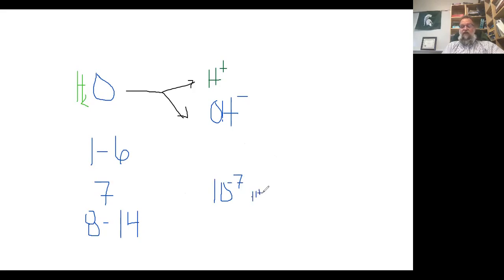The negative 7, the exponent there, is how we get the value pH 7. You have 1 times 10 to the negative 7, so 0.0000001 hydrogen ions.